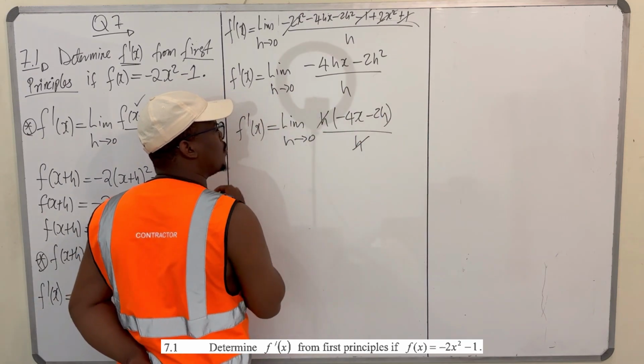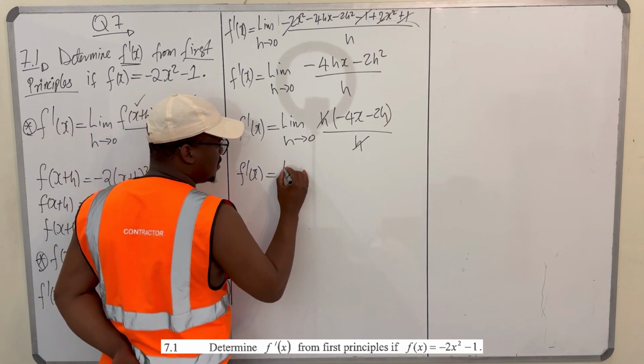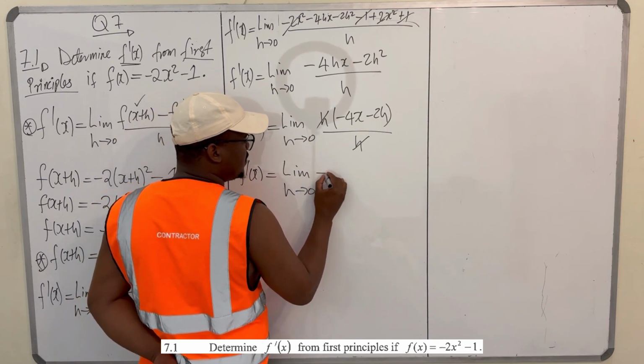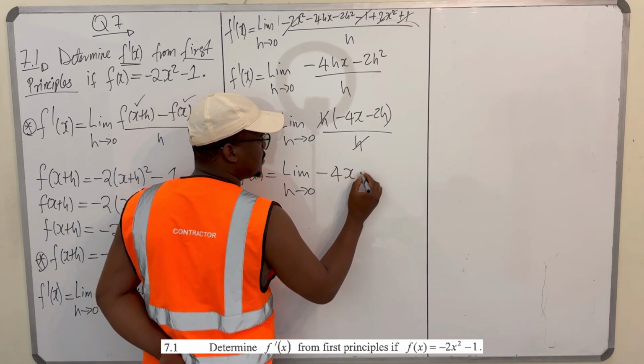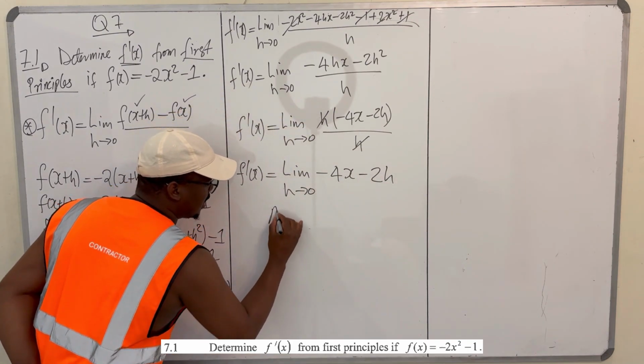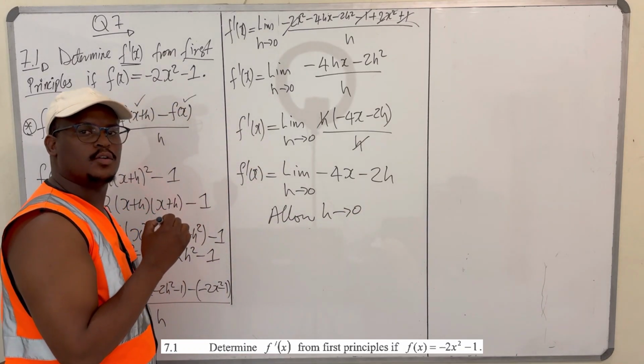So this and that go away. So we're left with f prime at x equal to the limit as h goes to 0 of negative 4x minus 2h. Then you just allow your h to get close to 0.